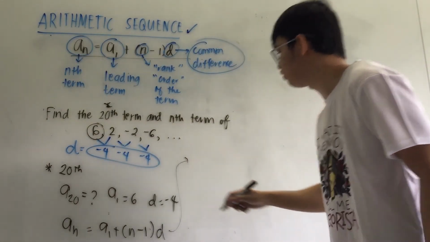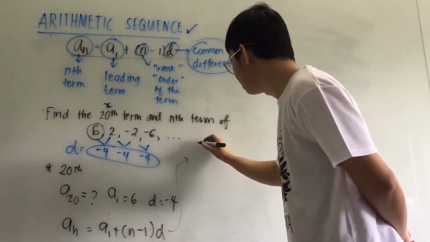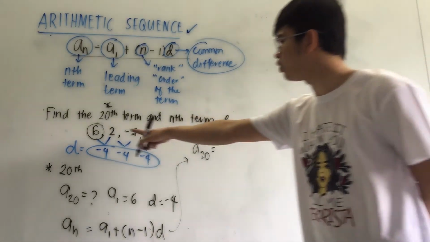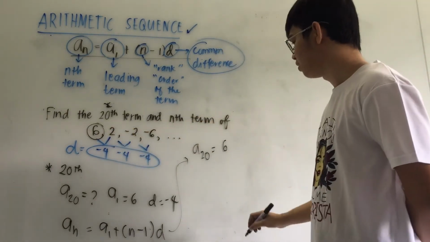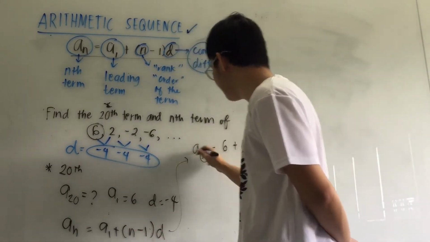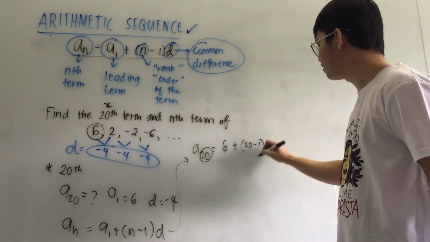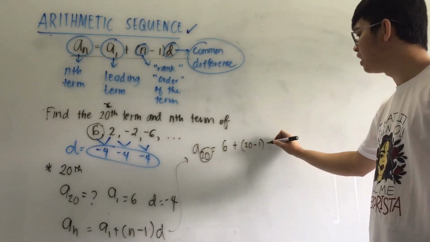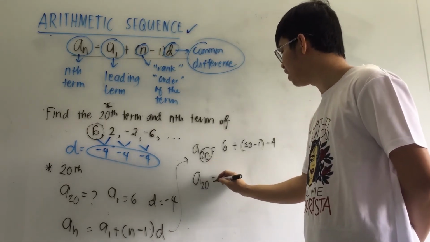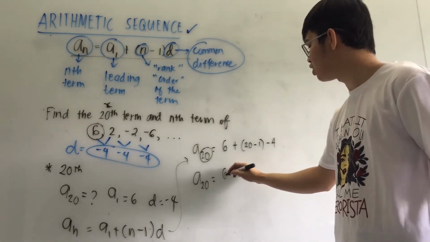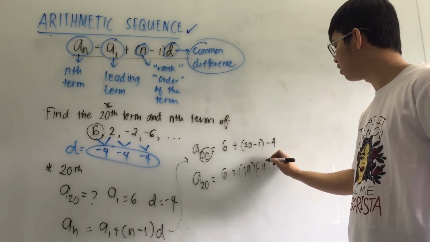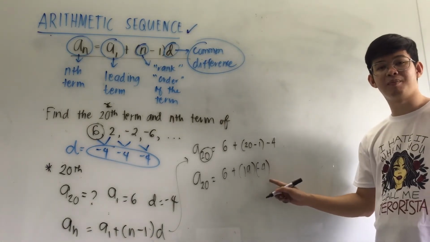And then, therefore, we have a sub 20 equals a sub 1, which is actually 6, plus your n here, which is obviously 20, minus 1 times the common difference which is negative 4. So therefore, this becomes a sub 20 equals 6 plus 19 times negative 4. Okay, again, we have a presence of a negative number here.